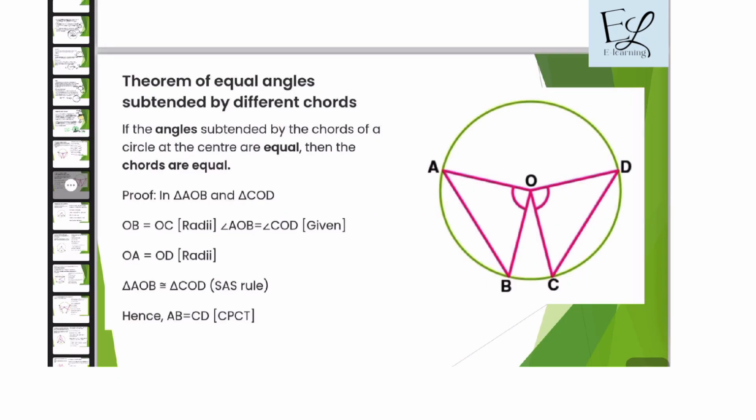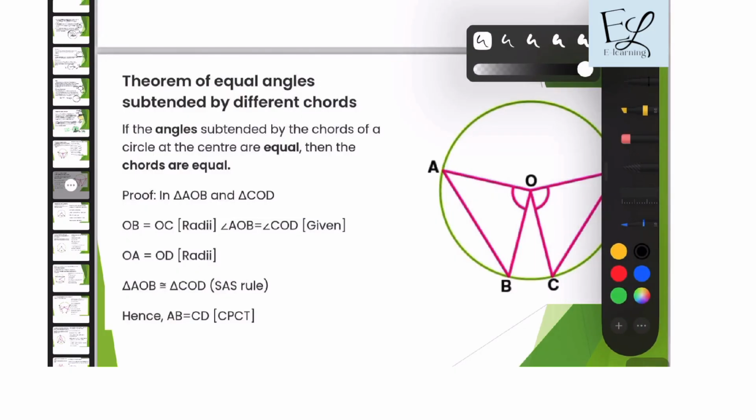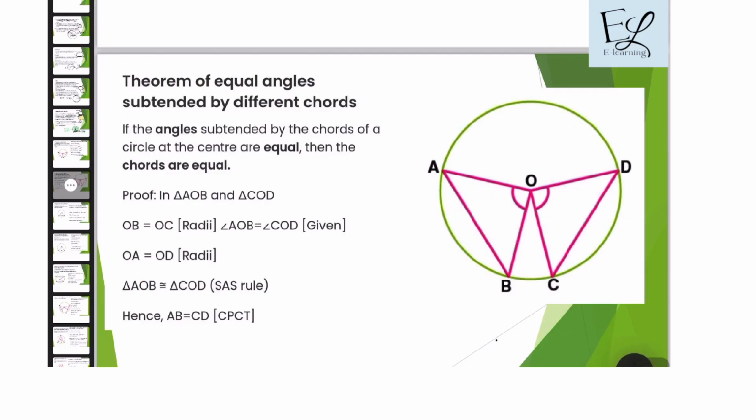Now, if the angles subtended by chords of a circle at the center are equal, then the chords are equal. Now, the question is, these two angles are equal.